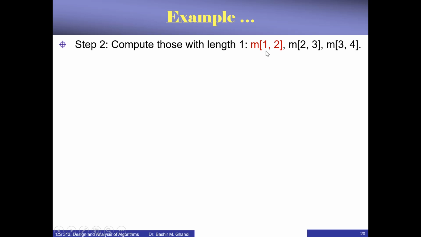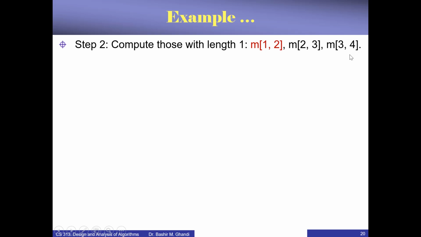Remember, k can vary from i until j minus 1. Well, j minus 1 in this case is going to be 1. So k can only be 1. Similarly, here k can only be 2. And here k can only be 3. So these are the 3 possible problems of length 1, and these are the ones we need to solve next.